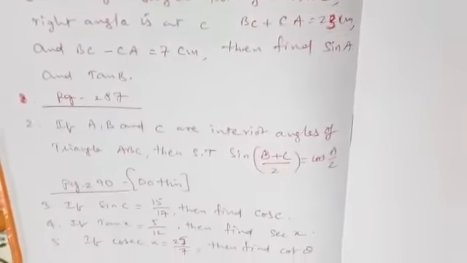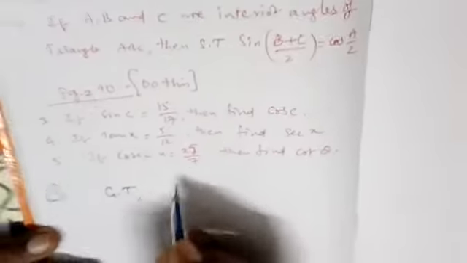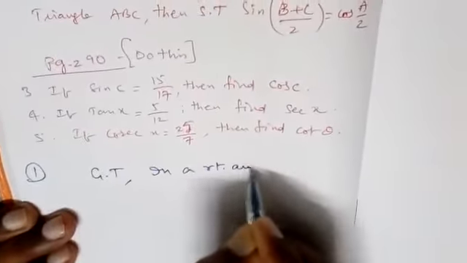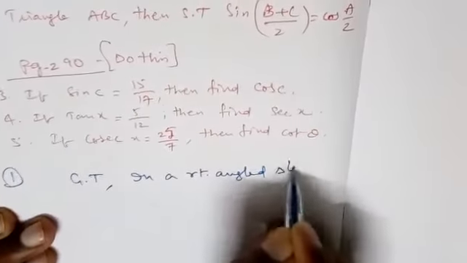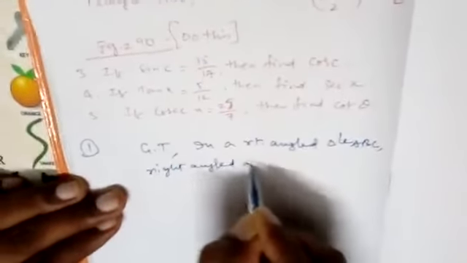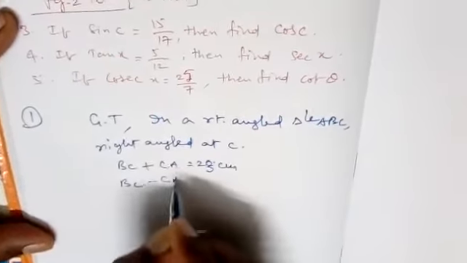So, given that in a right angle triangle ABC, right angle at C, BC plus CA is equal to 23 centimeters and BC minus CA is equal to 7 centimeters.